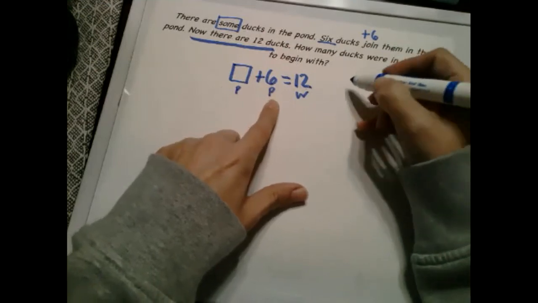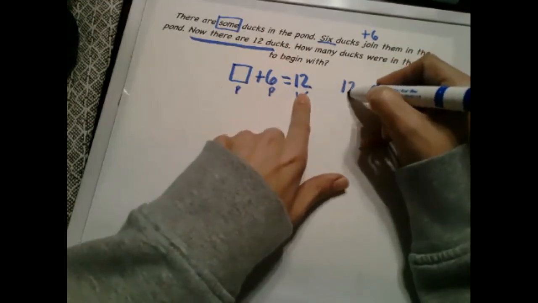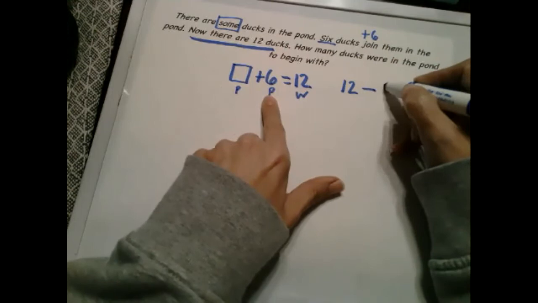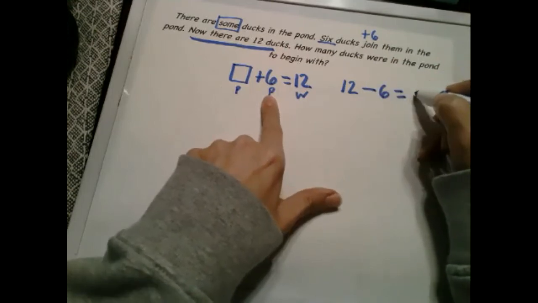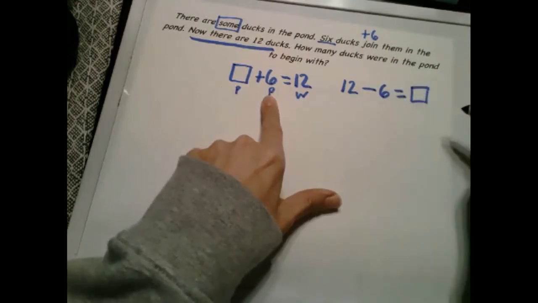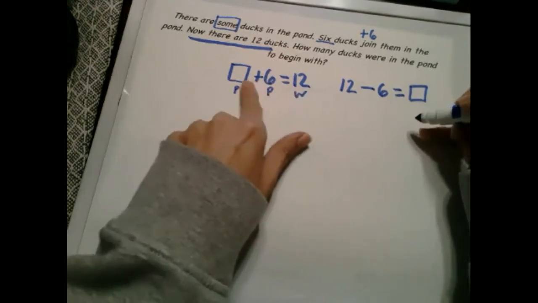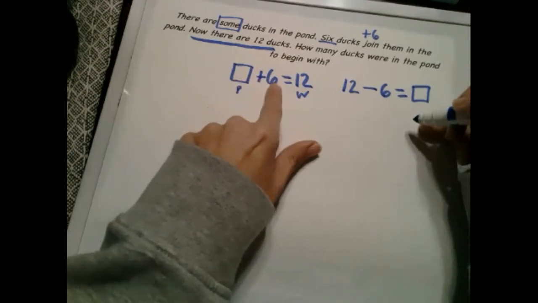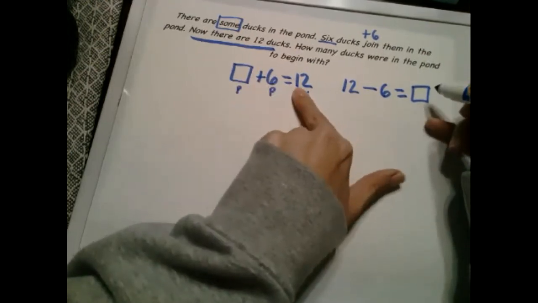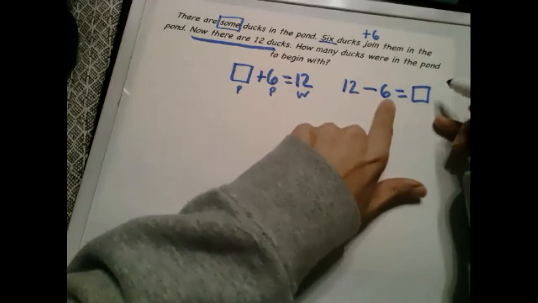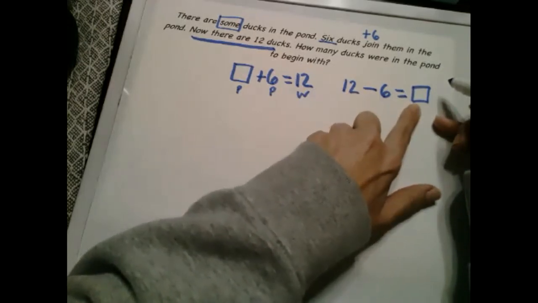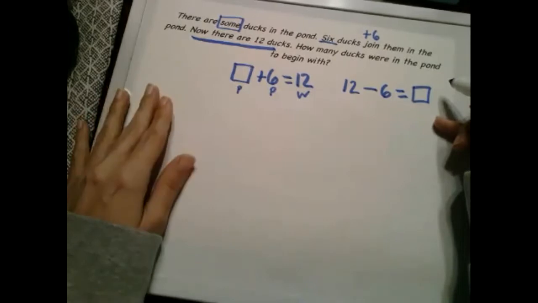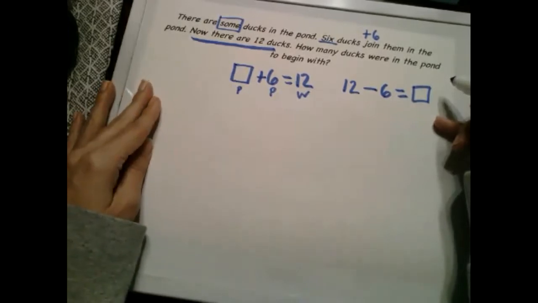I also know that a whole minus a part equals our other part. You can think backwards to find the beginning. Something plus 6 equals 12, then 12 minus 6 equals that something. Let's see how you solve this problem.